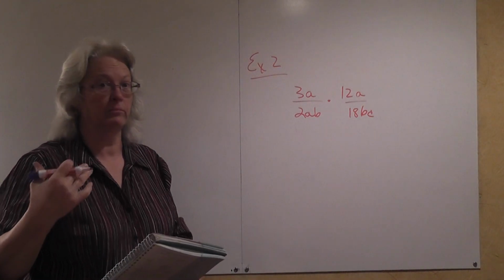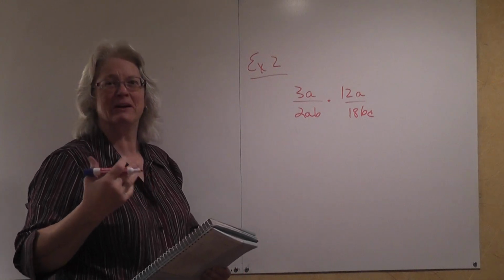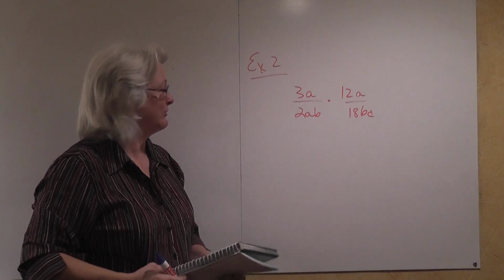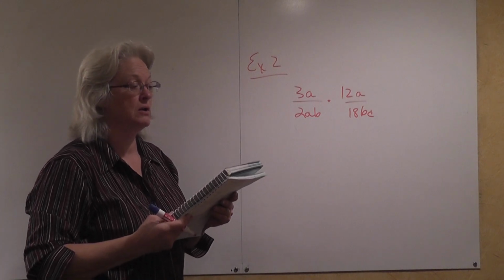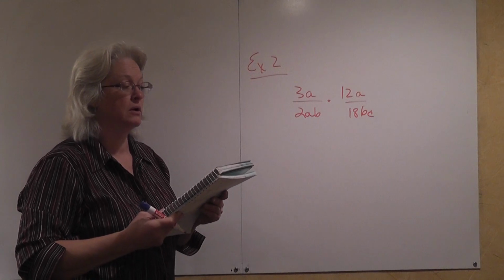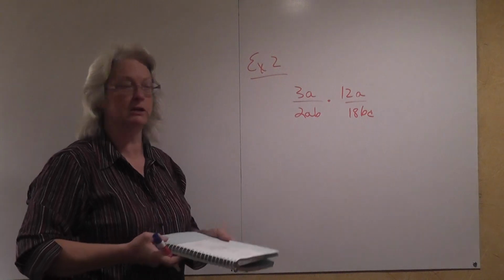I'm having trouble with these bifocals, so that's my concession to getting a little bit older. Let me check and make sure that they're right. 3a divided by 2ab times 12a divided by 18bc.